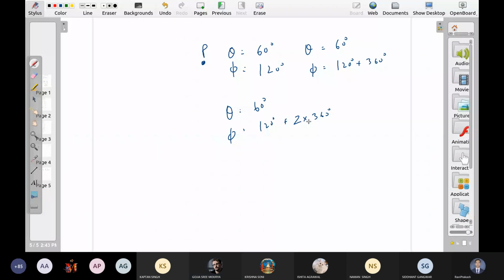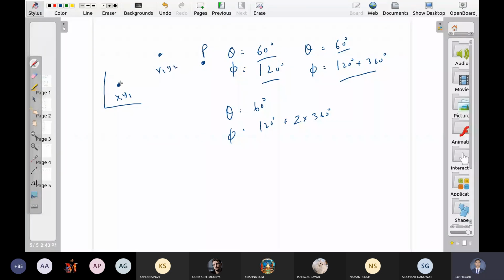See, if it is all about just labeling, no problem. But we are using these numbers in our calculations, right? Let us say we want to find the distance between 2 points, x1, y1 and x2, y2.